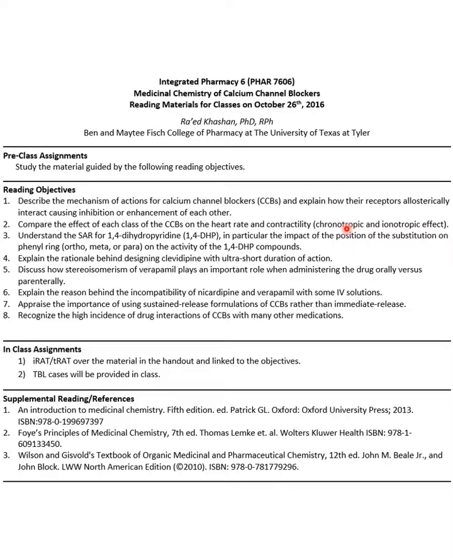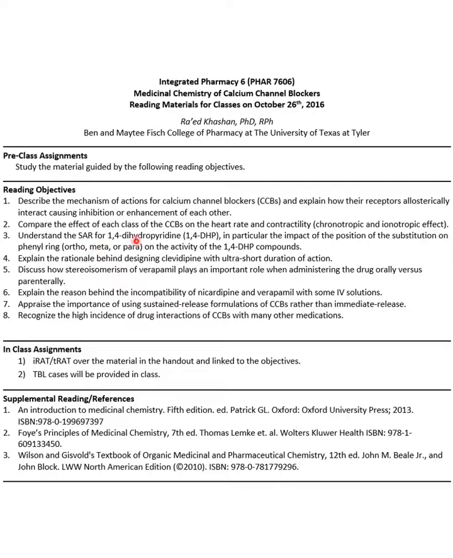But the dihydropyridines do not affect the heart rate. In fact, they can actually increase that as a reflex effect. Okay, but in general, all of the calcium channel blockers are actually vasodilators.